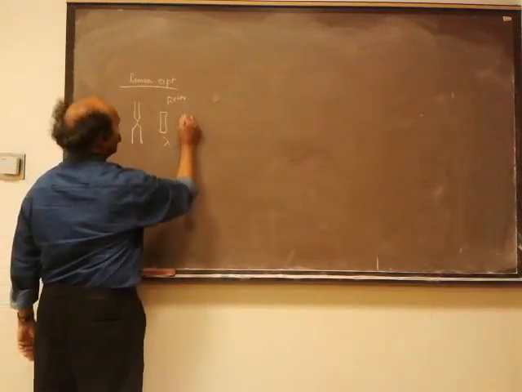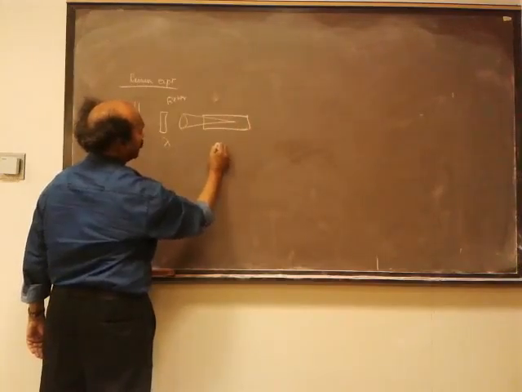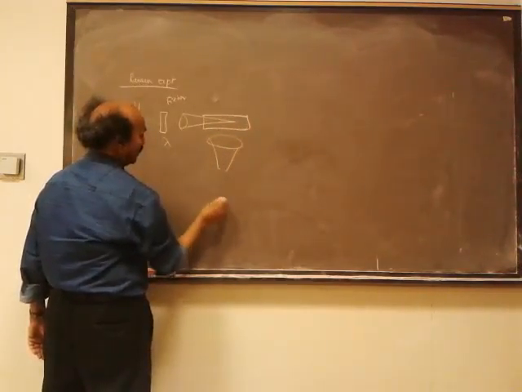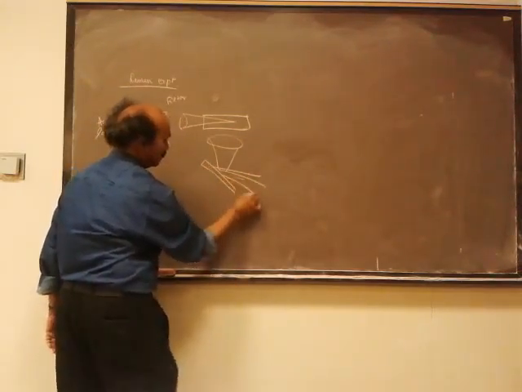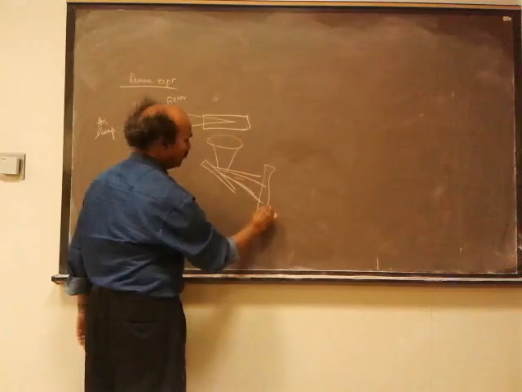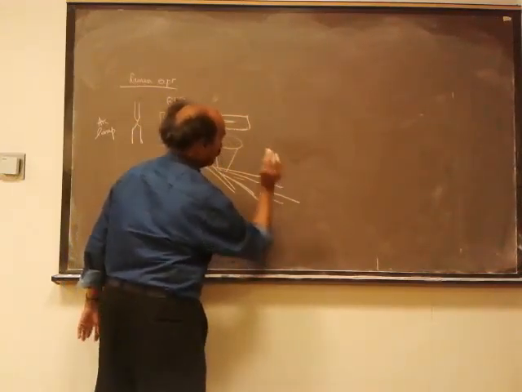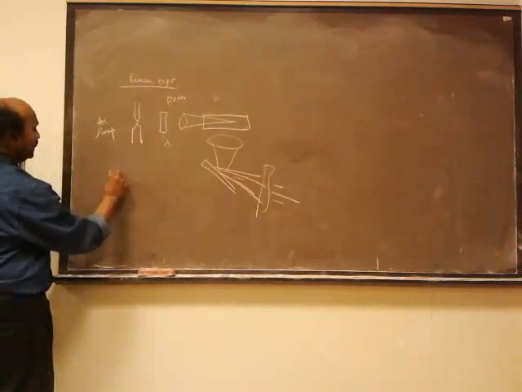Then you put a lens, focus on the tube, then you collect the light here, and then you put a grating here. Here you have a photographic plate. That's the whole experimental setup. This was done in 1930.